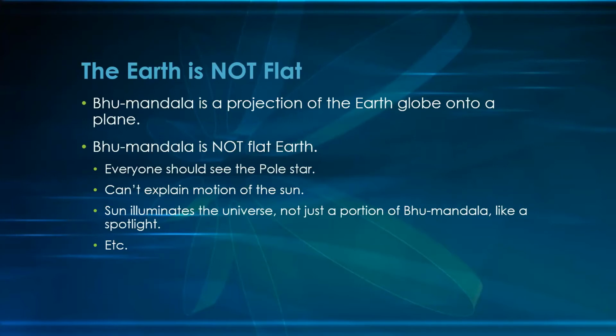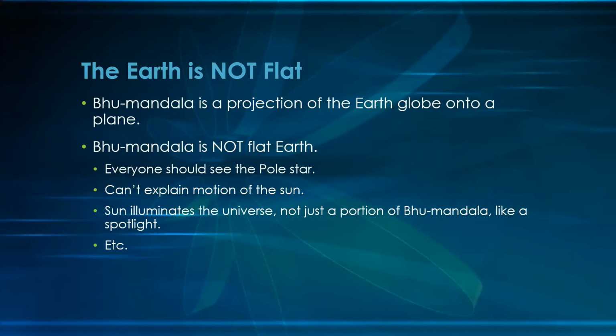If you have the pole star right on top of this flat plane, then everyone all around the Earth should be able to see it. That is not happening. People in Australia cannot see the pole star, right? So that is one argument against this idea that Bhu-Mandala is the flat Earth.